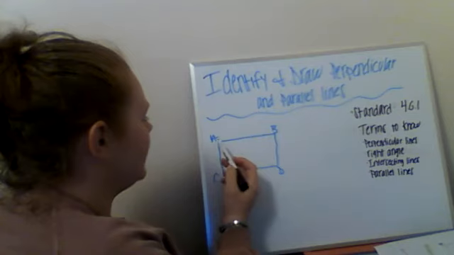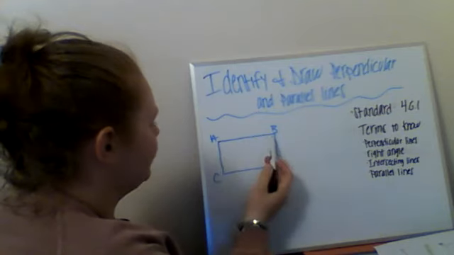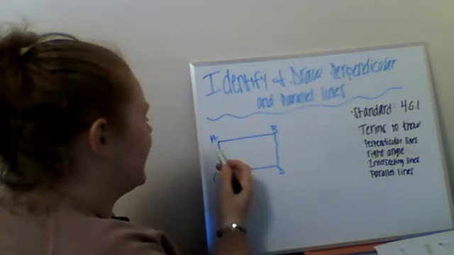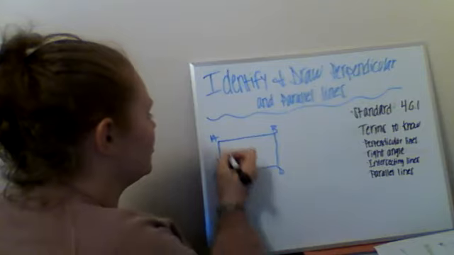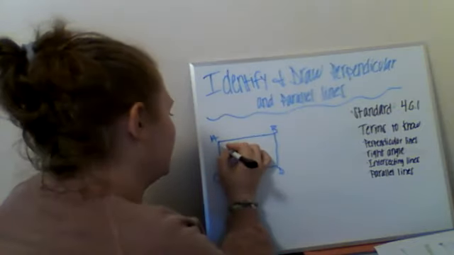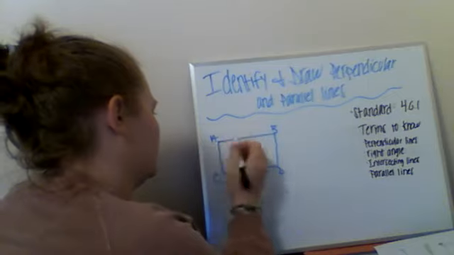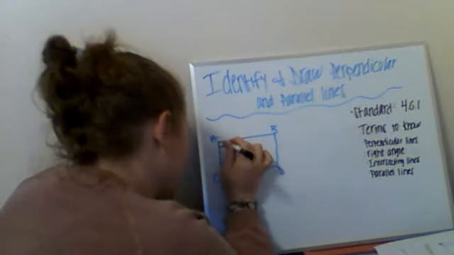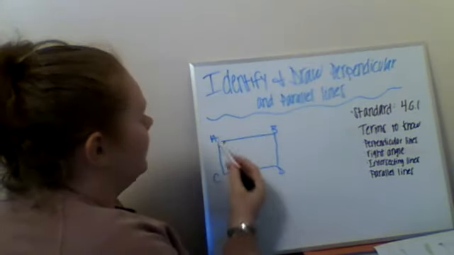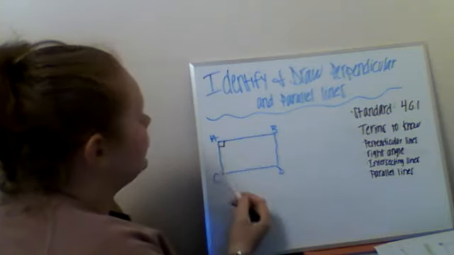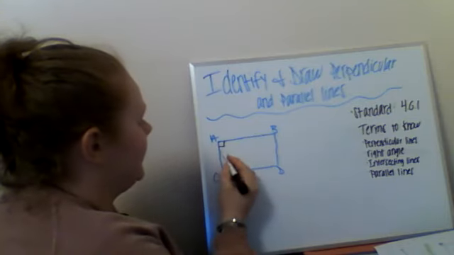So if I'm looking at line segment AB, I'm going to look at line segment AC also. Those two cross right at the edge to make a right angle. I'm going to draw that a little better. So, line segments AB and AC intersect to make that right angle.